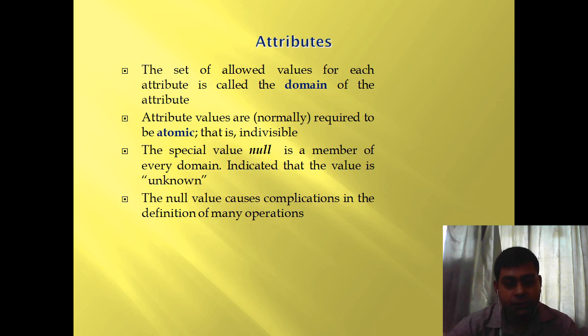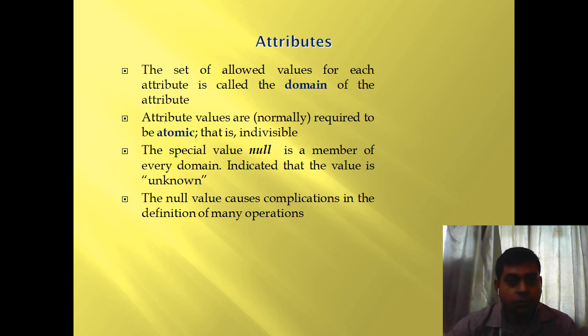Now attributes. Attributes are the characteristics of a particular entity. Let's say in a database there is a table. So the table or relation contains many attributes. So every characteristic of a particular entity is known as attribute.